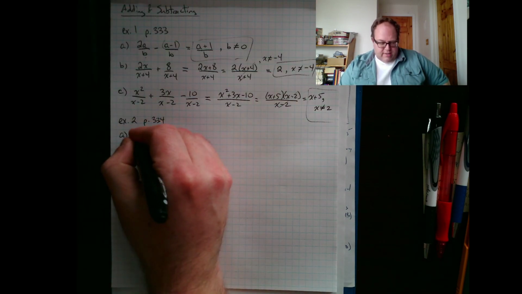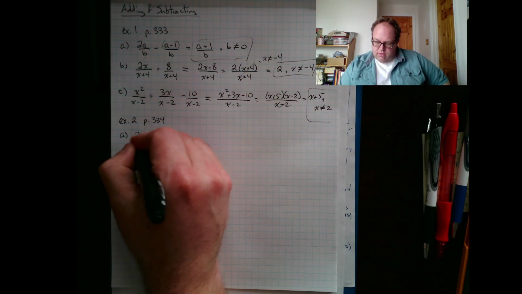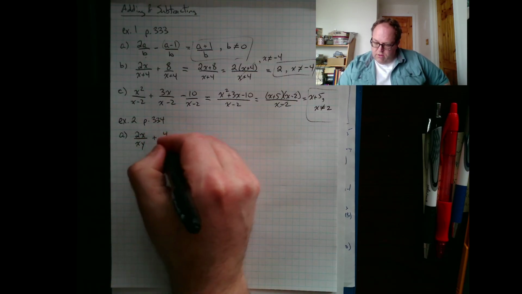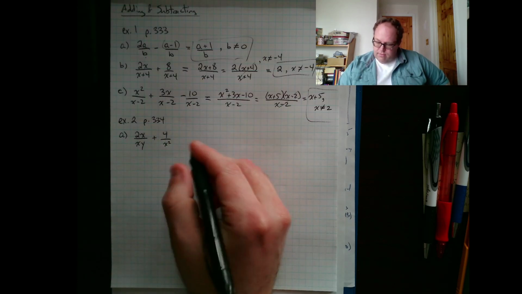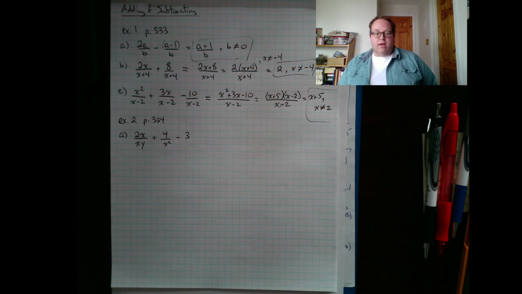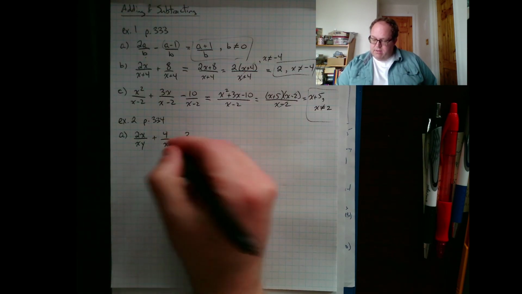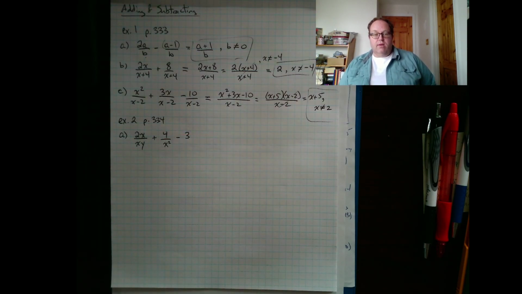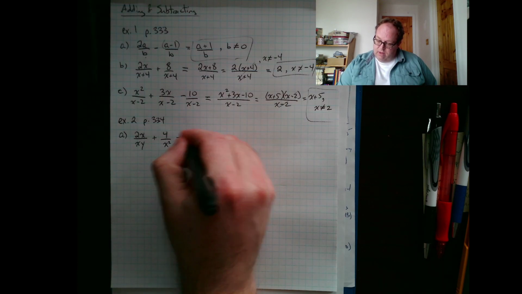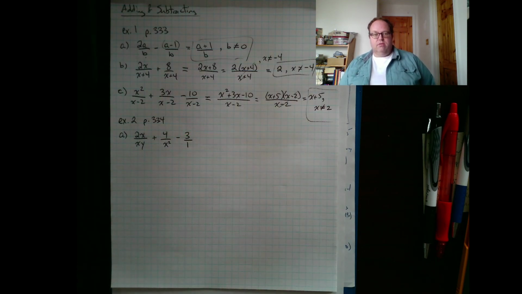So in this one, we're asked to add 2x over xy plus 4 over x squared minus 3. So, nothing there with the denominator that's the same. Although, I will say that if you're going to add and subtract fractions from each other, or rational expressions, it's good to make them all rational expressions. And we're going to write that 3 as 3 over 1.